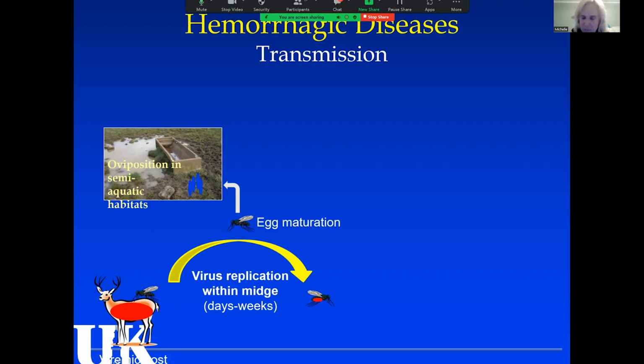Most of these outbreaks we have are in really warm summers and also dry summers. So it's these areas that get damp because the cattle or the yaks, whatever you have, are around these watering troughs.